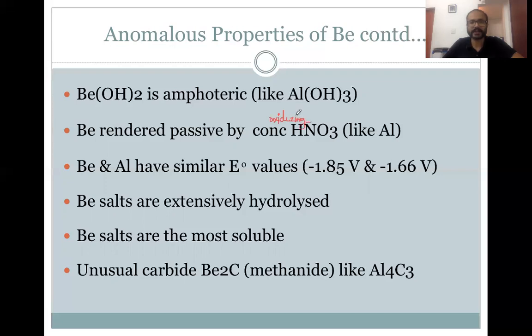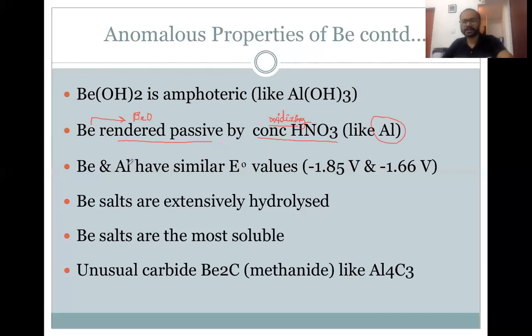Because of this oxidizing property, beryllium is oxidized on the surface to beryllium oxide. When this oxide layer forms on the outer coating of the beryllium, further reaction is stopped. That is why, with concentrated nitric acid, beryllium is rendered passive, and you will find the same situation in aluminium.